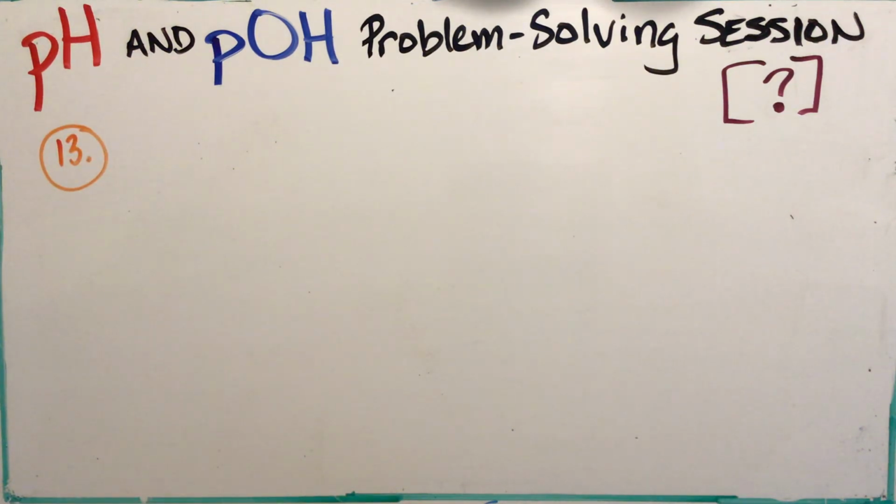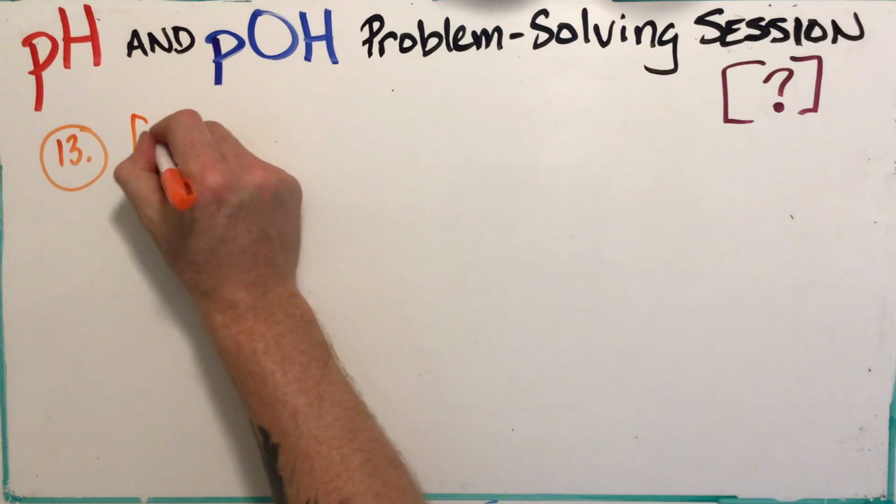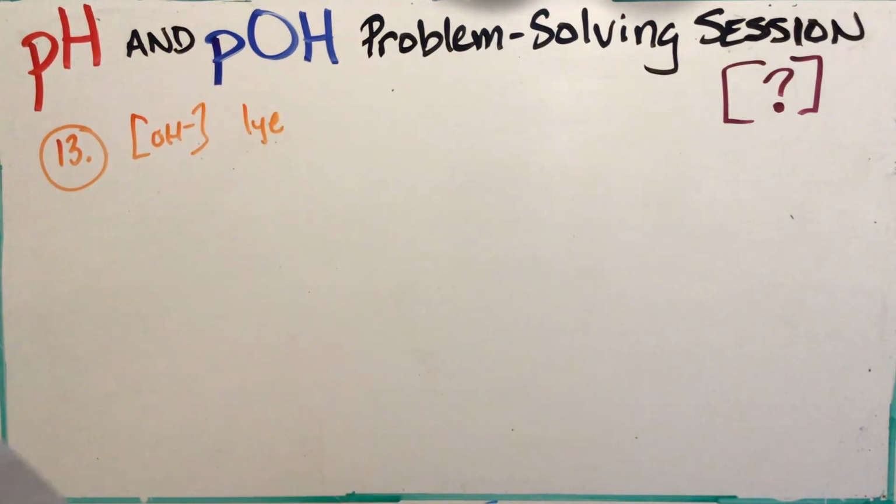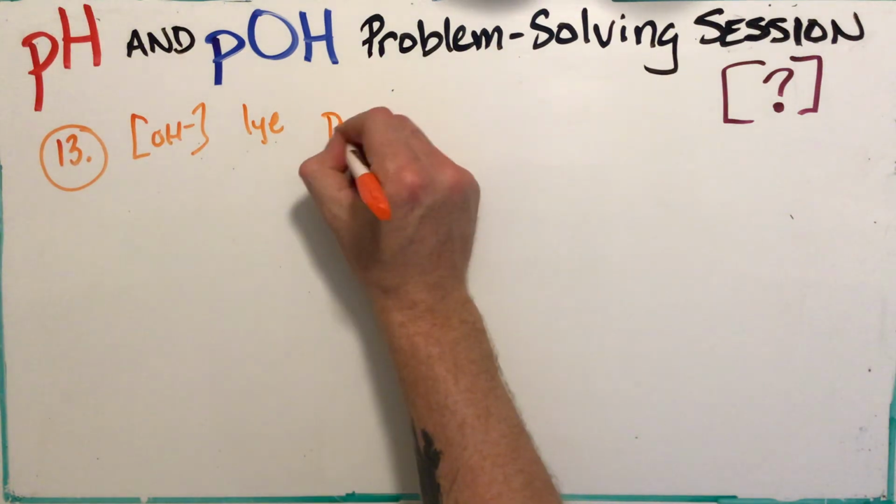All right, let's get that sheet. Number 13 says, what is the hydroxide ion concentration of a solution of lye? So I'm looking for this. And it's lye. That has a pH of 12.5.